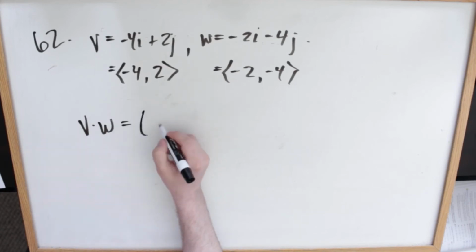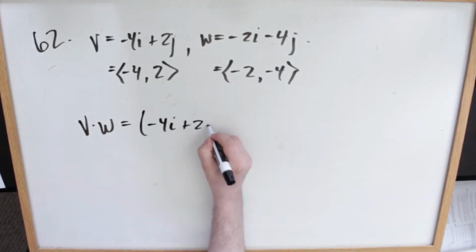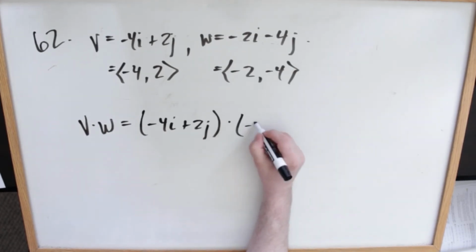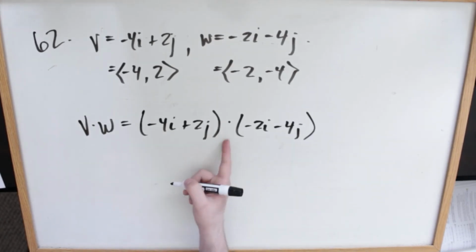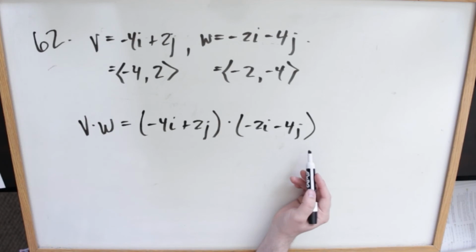So we'll just go ahead and write this all out. Minus 4i plus 2j dot product of minus 2i minus 4j. When we do the dot product, we actually are just going to multiply the individual components times each other. We're not doing FOIL on this.